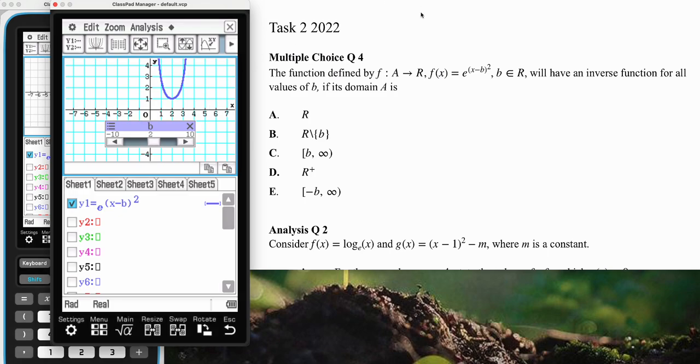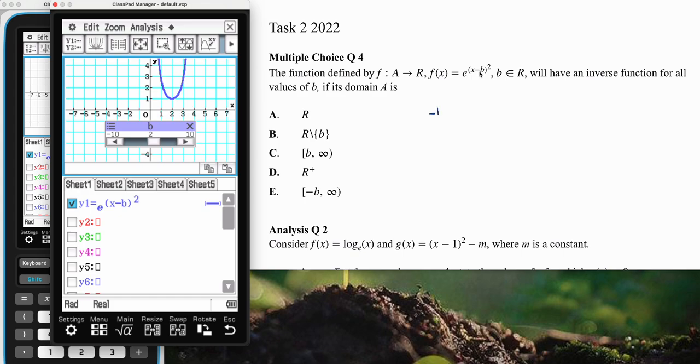I can see that anyway, I think, if I understand transformations. I'm basically shifting b left or right. So I need a domain which either goes from negative infinity to b.